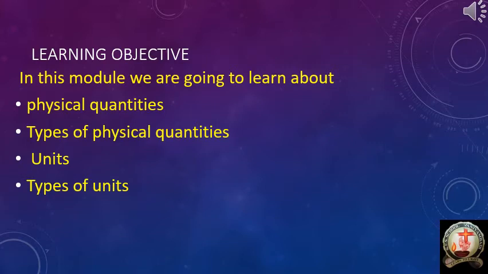In this module, the first concept is physical quantities, and the second one is types of physical quantities. Next one is units, and the last one is types of units. About these four concepts, now we are going to discuss.